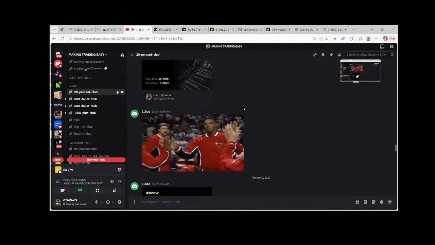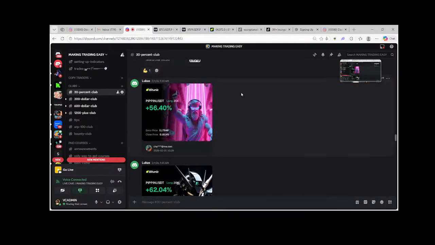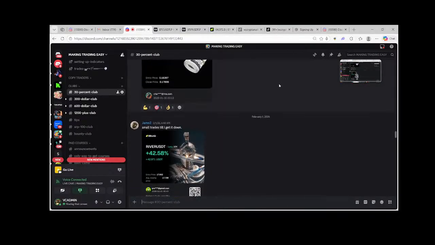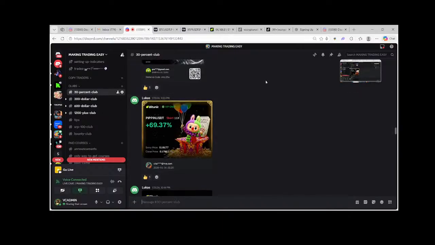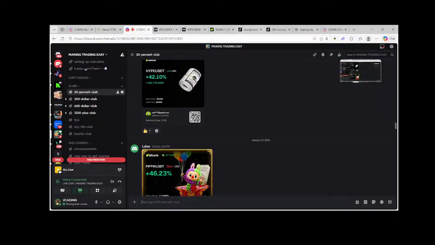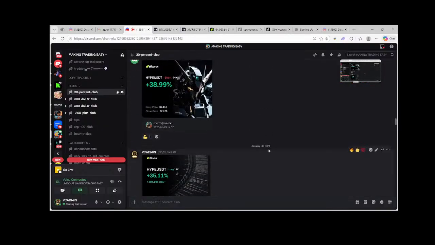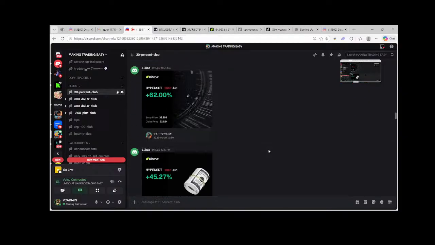This is what it produces over and over and over. 30%, 30%, 30%, right? The goal is to hit 30%. You're going to see 69s, 88%, 46%, 42s. Those are just runners. You don't need 40s and 60s and all that other stuff.